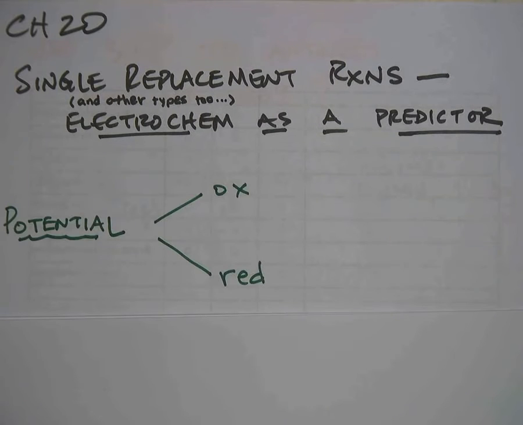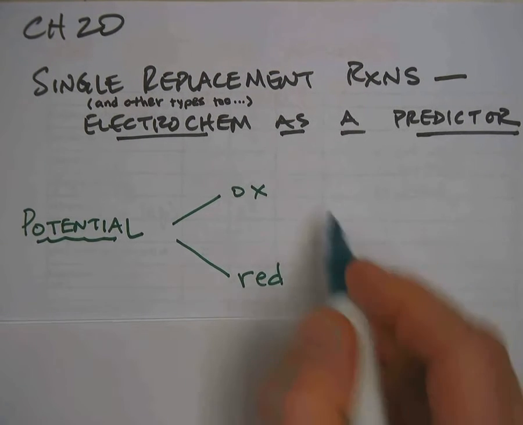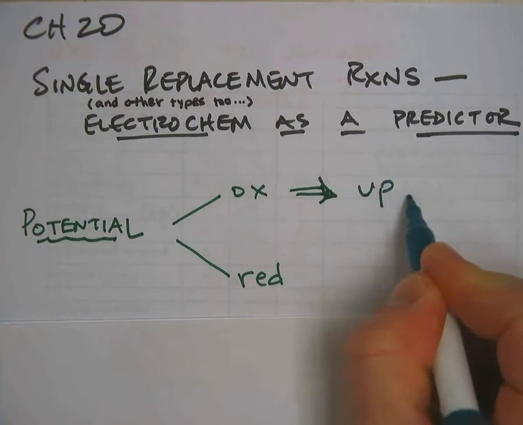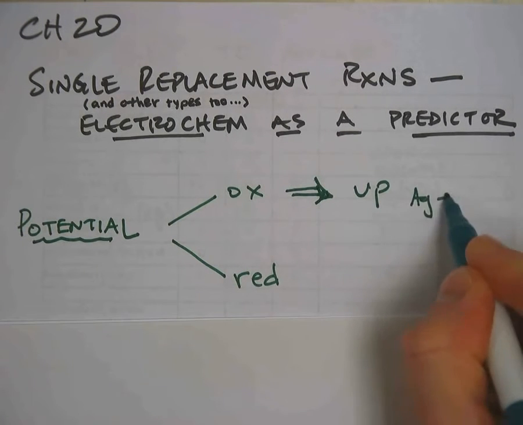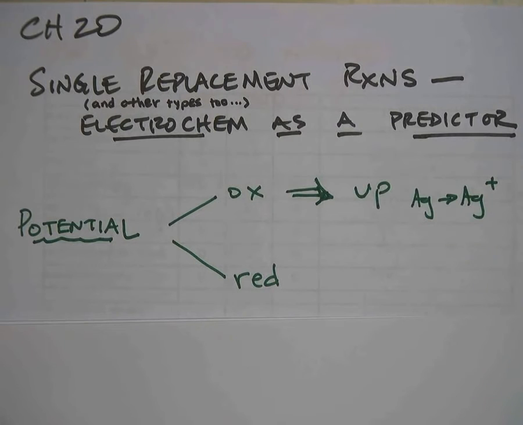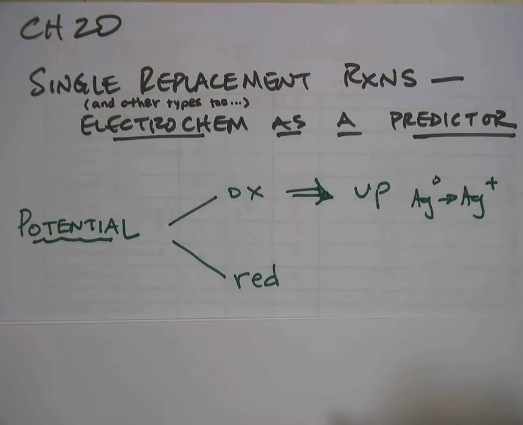So far we've looked at a tabulation of the potential, or possibility, that something will be oxidized or reduced. As a quick review, remember that when something is oxidized, it goes up in charge. For example, silver going to silver +1 is oxidized, going up in charge from 0 to +1.